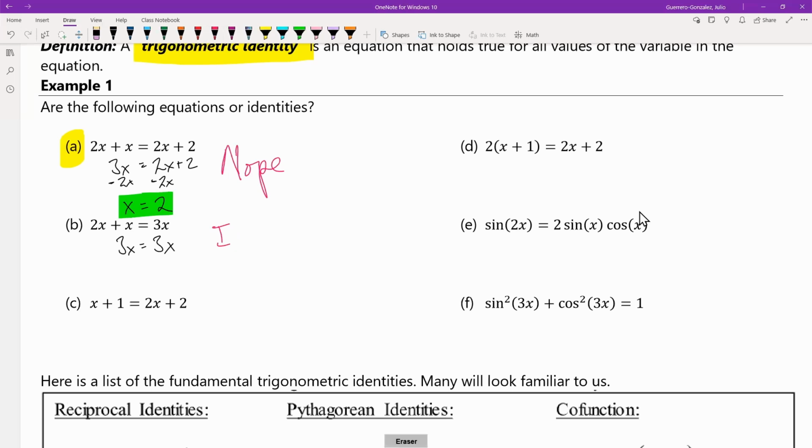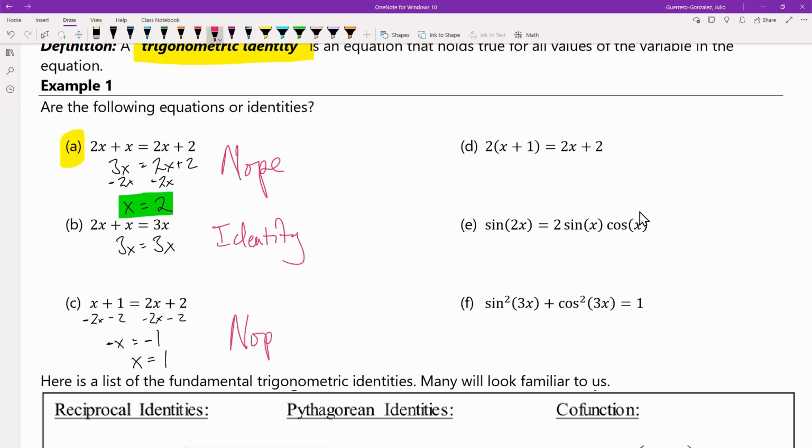Next one down. If I do minus 2x, minus 2, we get left with minus x is equal to minus 1, so x is equal to 1.